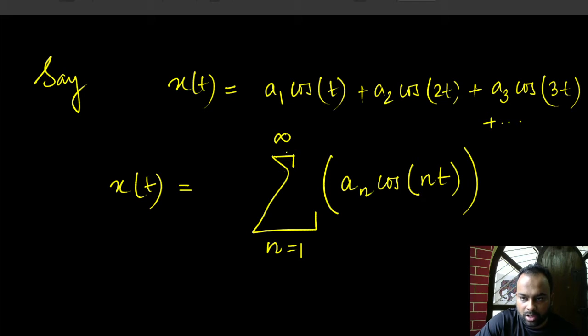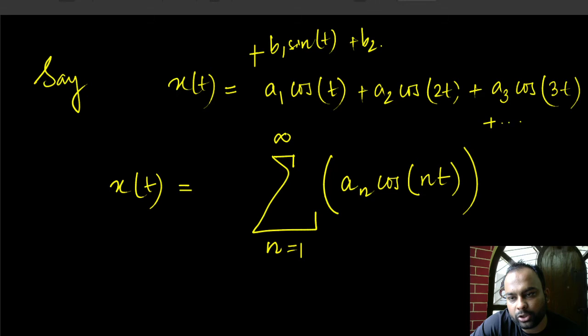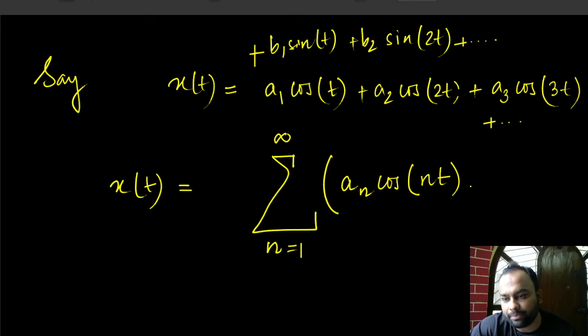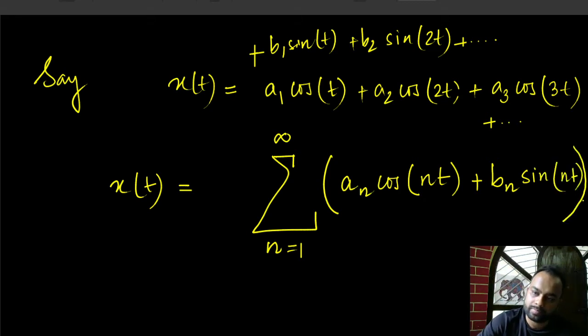So alongside the cosinusoidal component, if the signal also has a sinusoidal component like b1 sin t plus b2 sin 2t and so on, then that can be appended like here. For example, this is going to be bn sin nt. So I think this is understood.